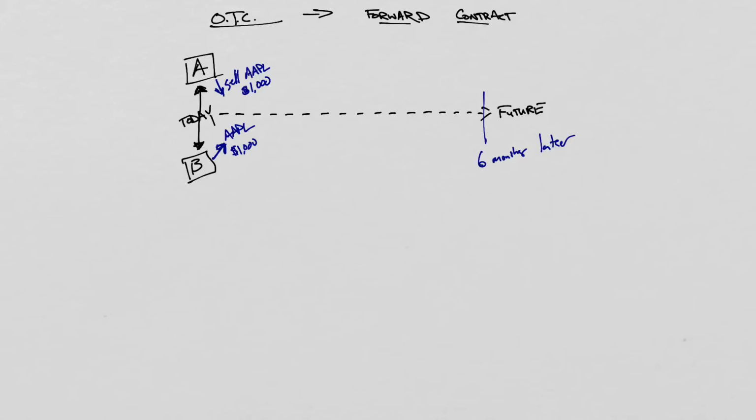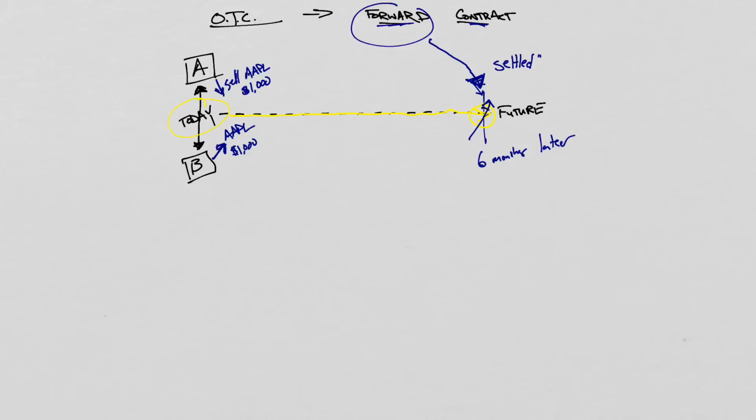That's how a market works. They agree on the contract today, but they don't actually do anything. They just go and say, hey, okay, I'll see you later. 6 months later is when they actually consummate the deal. And B buys from A for $1,000 the Apple security. This is a forward contract, and that's why it's called a forward contract. The contract is decided today, but settled or finished in the future.